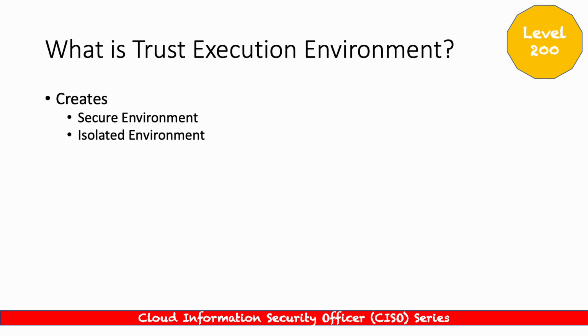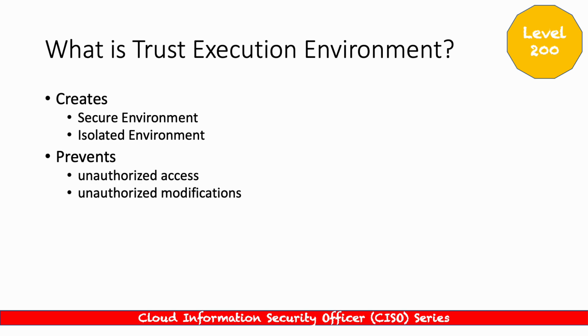The TEE, as it's known by the acronym, creates a secure, isolated environment, which prevents unauthorized access and unauthorized modifications to both applications and data. And this is the most important thing, while it's in use. So the TEE is giving all these elements, and we're going to look in later slides at how it does this.